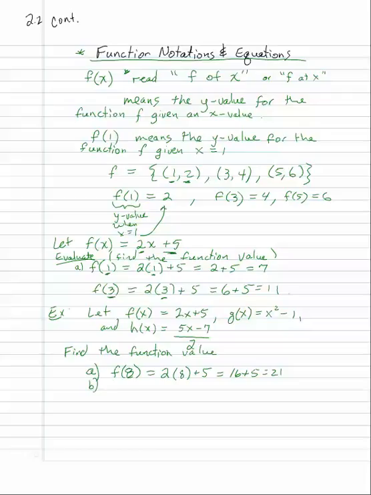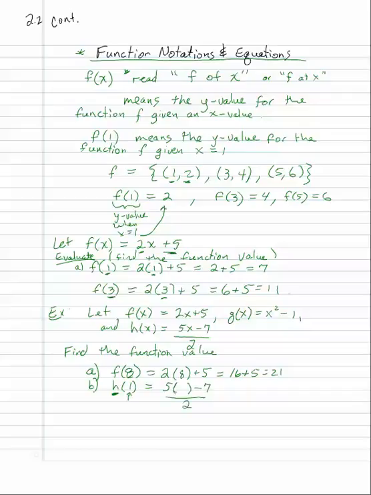If I asked you to find h of 1, again, this h is the name of the function. This is the x value that you're going to substitute in. So we're going to put 1 into the h function. The h function is 5 times whatever your x is, minus 7, divided by 2.